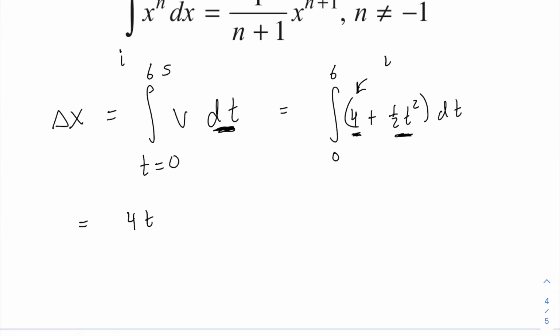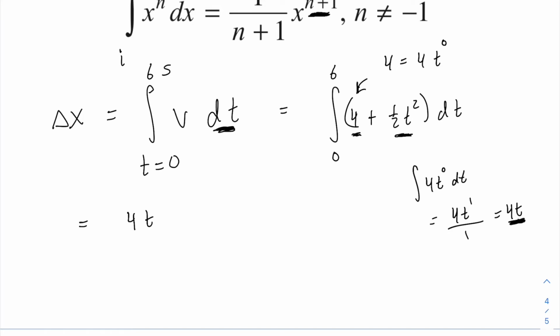Technically, you could say 4 is equal to 4 times t to the 0, because t to the 0 is just 1. And when you do the integral of 4t to the 0, if we follow this notation, you add 1 to the exponent, so that's 4t to the 1, and then you divide by that new exponent, so divide by 1, and that gives you 4t.